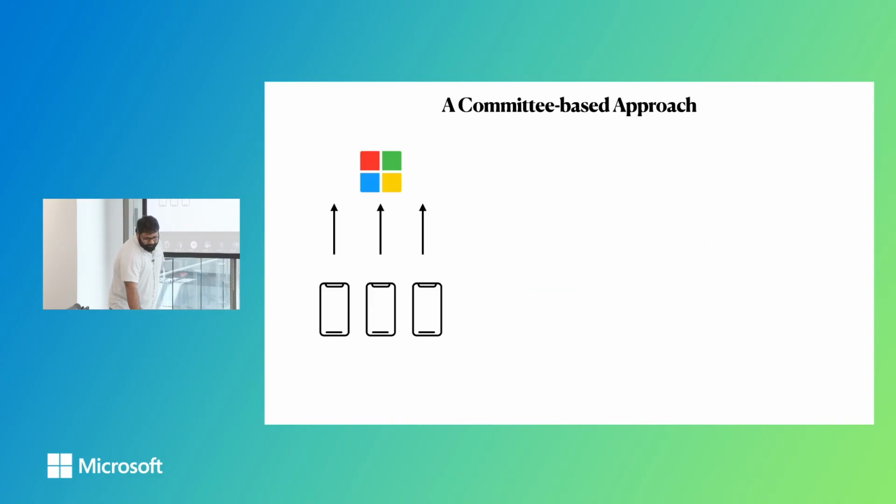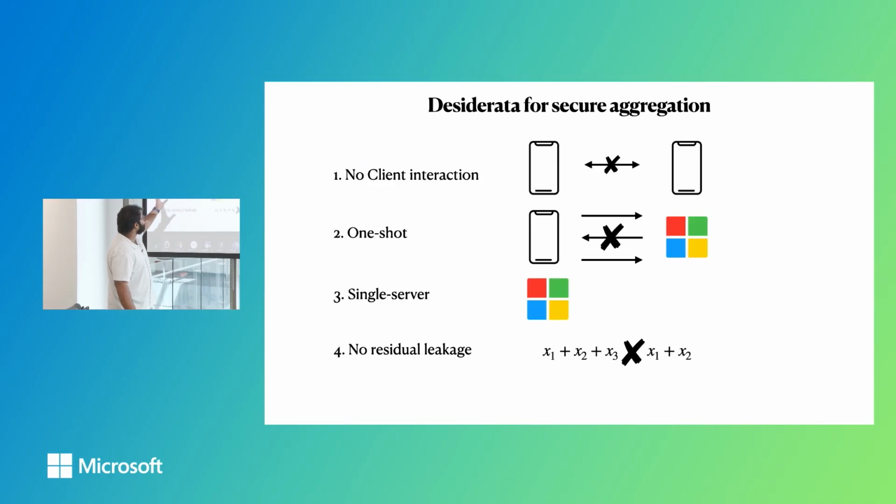Okay, so what is the approach? How did the two crypto papers solve this problem? In fact, most of the constraints are addressed in the two crypto papers. So I'm going to give you a brief overview of how they solve the problem.